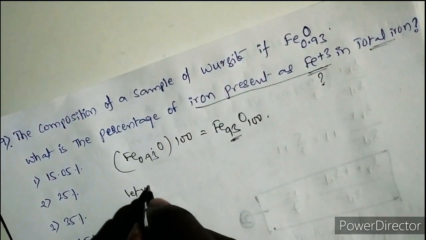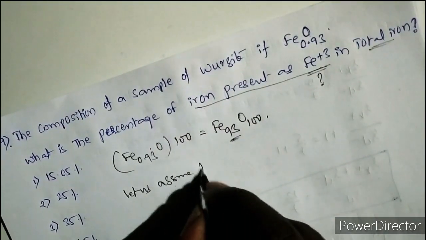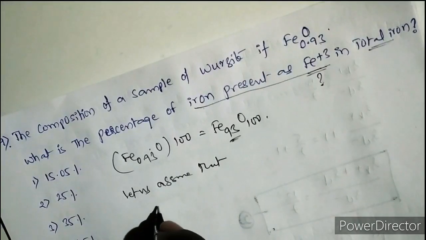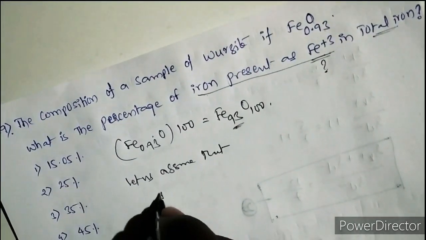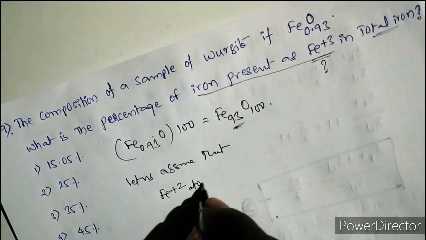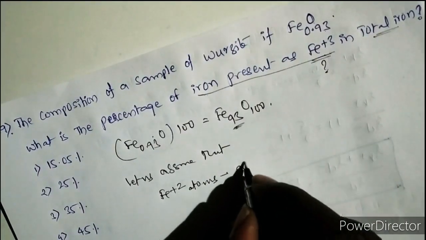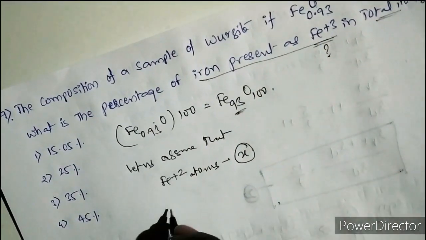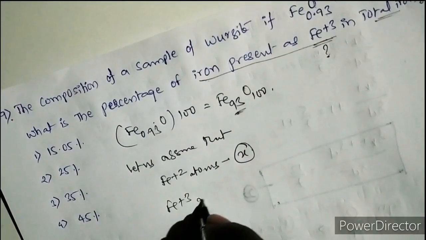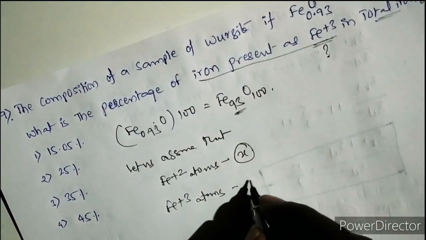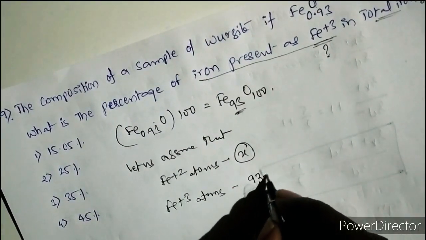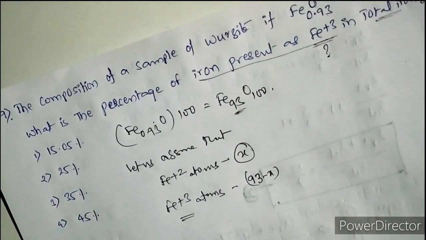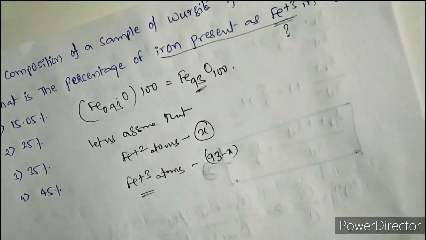Let us assume that iron plus 2 atoms are present, some X. What about the remaining? Remaining all plus 3, right? Remaining all means 93 minus X atoms are present in plus 3 oxidation state. This is the logic here.